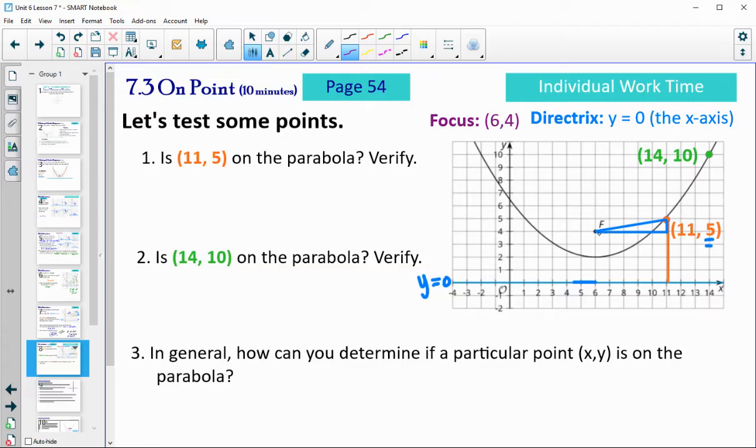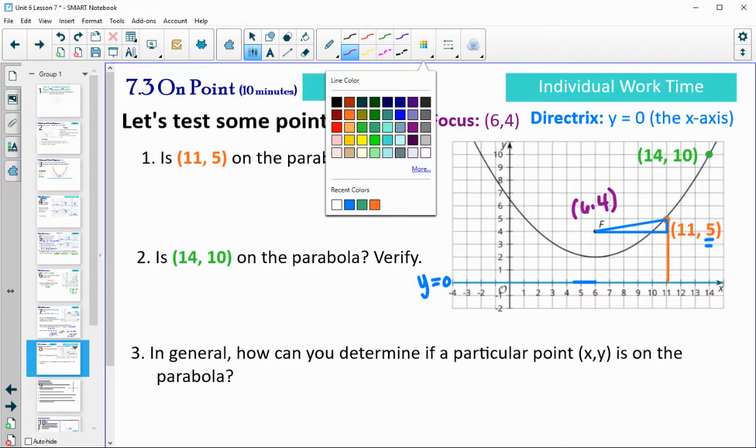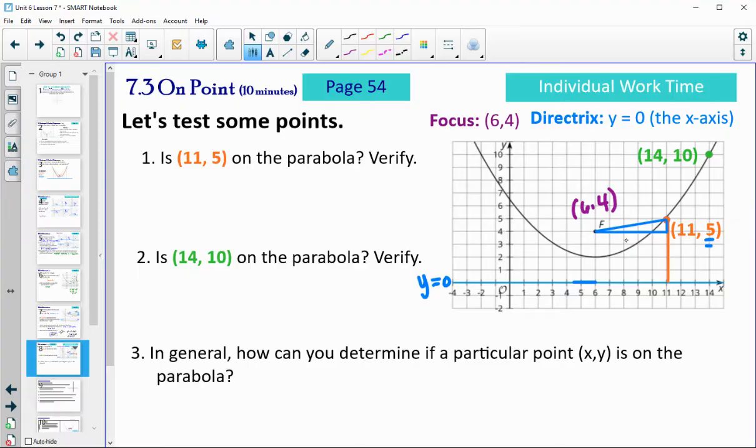The coordinates of this focus are (6, 4). So we'll just count over 6, 4. So then when we go to find the width here, okay, subtract the x's. So 11 minus 6 gets us this width. The height here, 5 minus 4 gets us 1. So then we can do the Pythagorean theorem here to figure out this length here from the focus to the point.